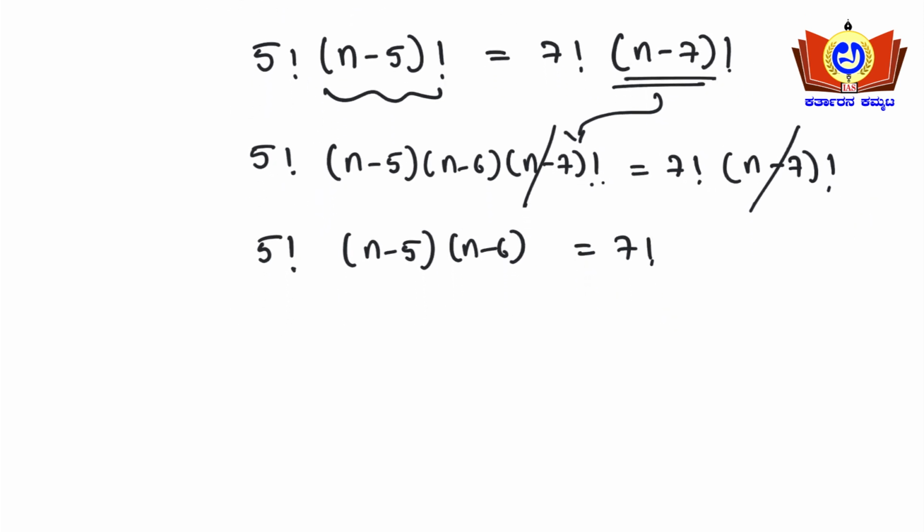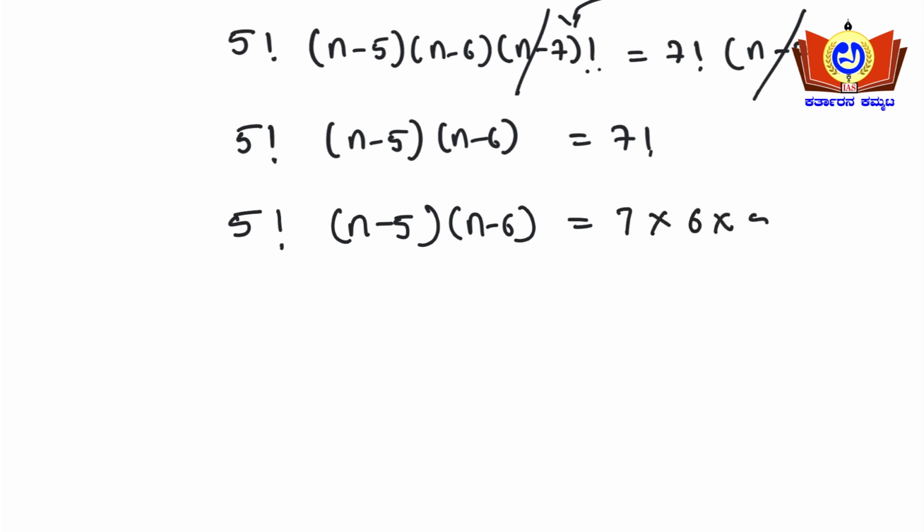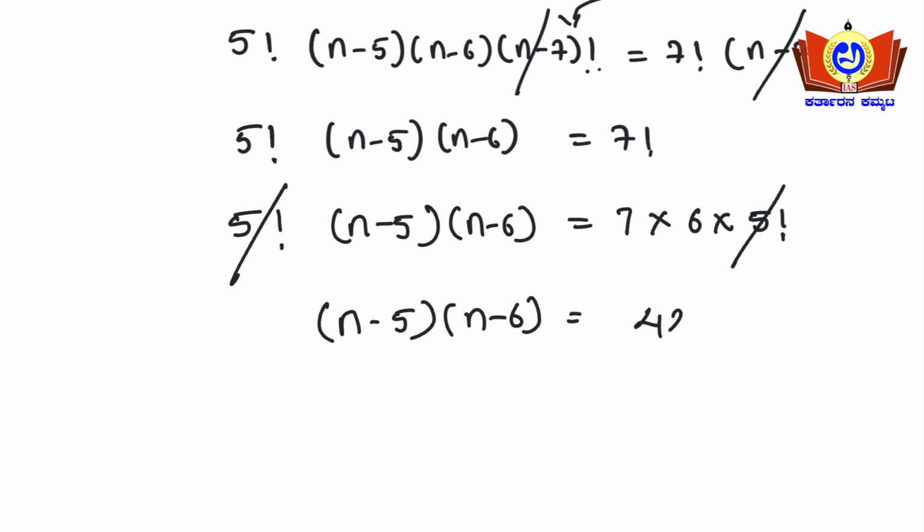Now I will be expanding this. 7 factorial is nothing but 7 into 6 into 5 factorial. So this 5 factorial and that 5 factorial get cancelled, so n minus 5 into n minus 6 will be equals to 7 times 6, which is 42.